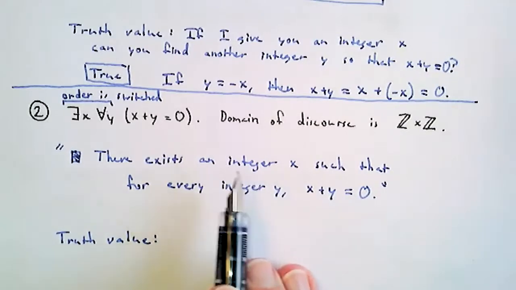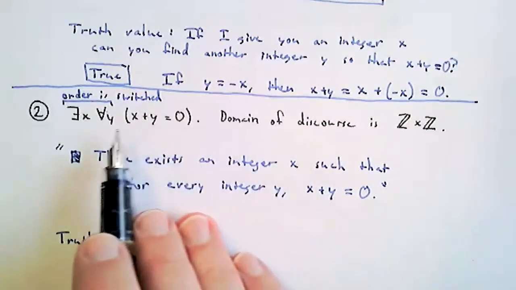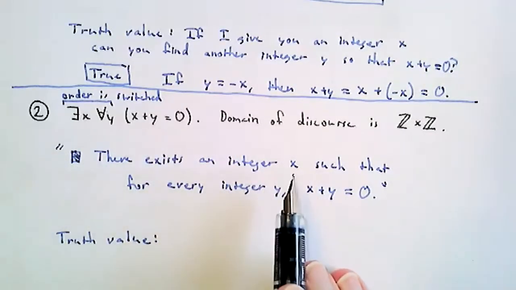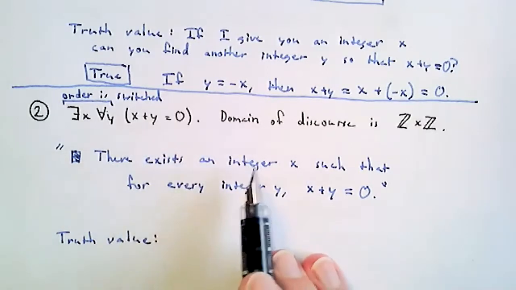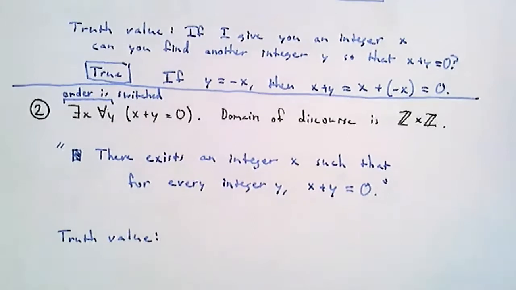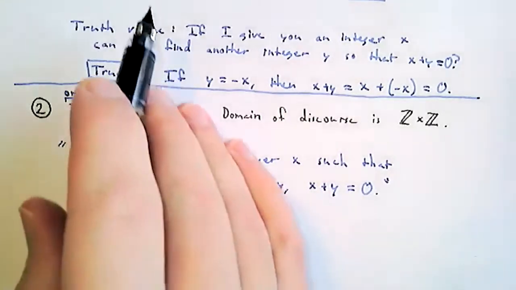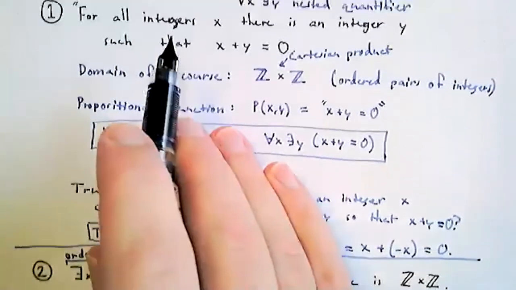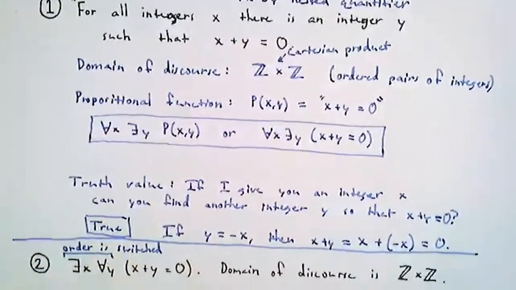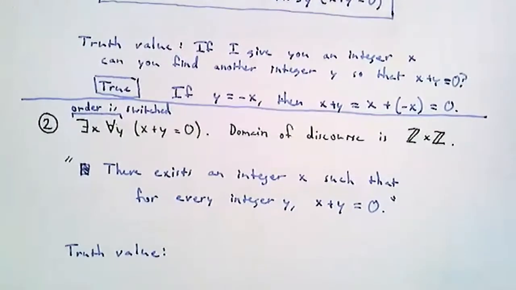Can you think of this integer? Can you think of just some number? Oh, right, someone's changing their answer. So when we switch the order of the quantifiers, we actually change the meaning of the sentence quite a bit.